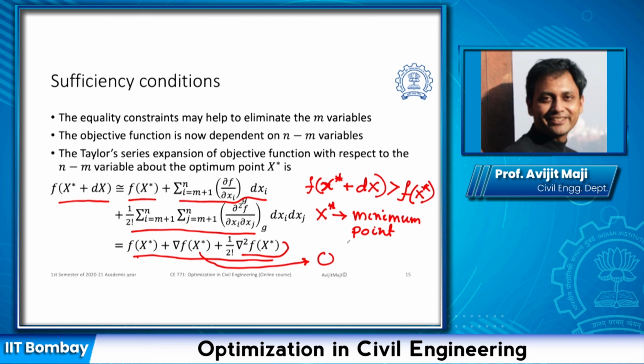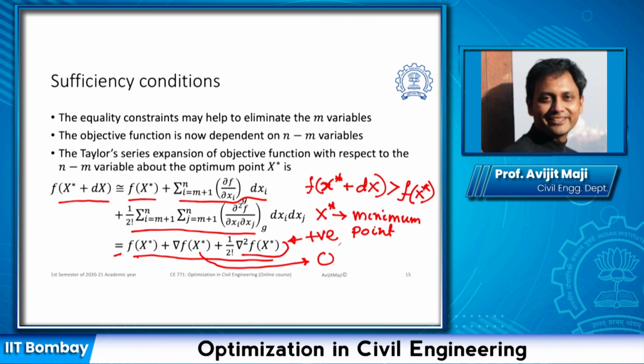It is possible only when this is going to be positive. Then only we can make the left hand side and right hand side equal. So exactly this is what happens when we say that the second order derivative is positive definite, then we have reached a minimum point.